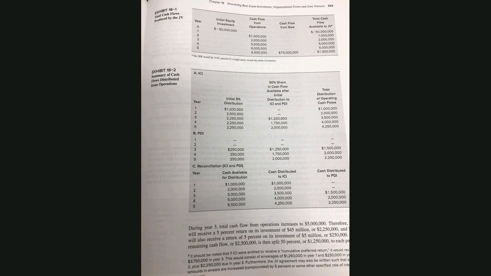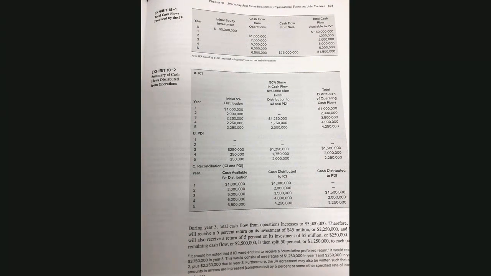So then how are we going to get distributed between these parties? So initial 5% distribution and 50% share in cash flow available after the initial distribution. Okay, so we have ICI and the PDI, then total distribution of operating cash flow.